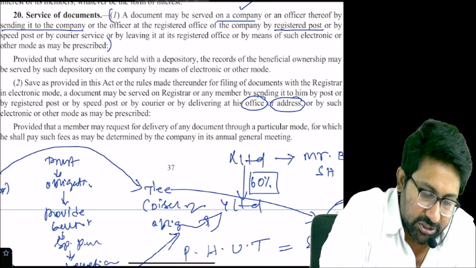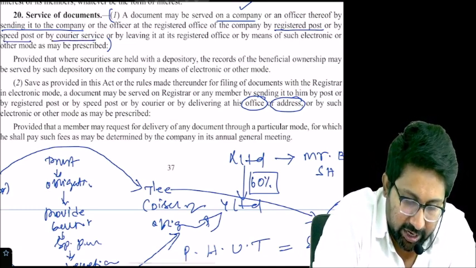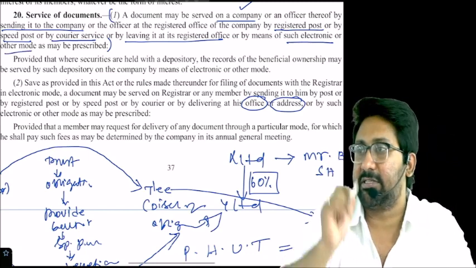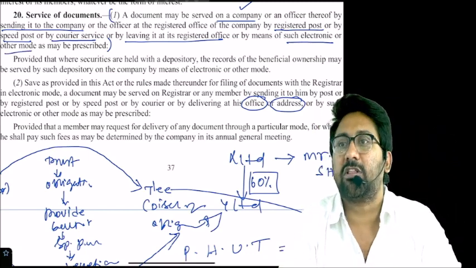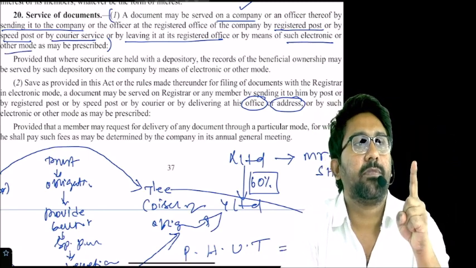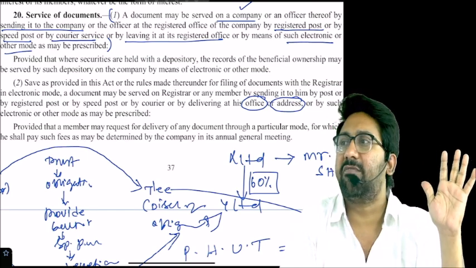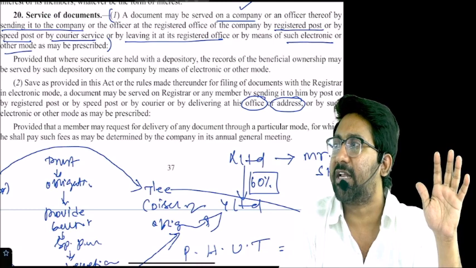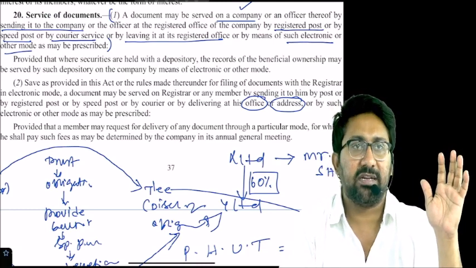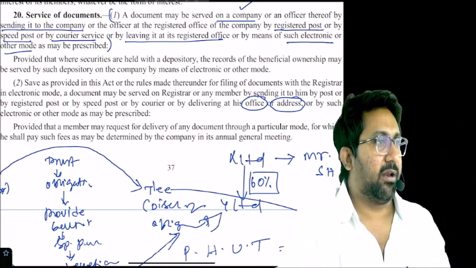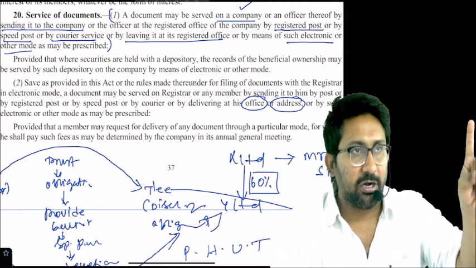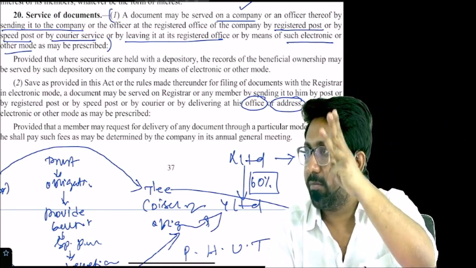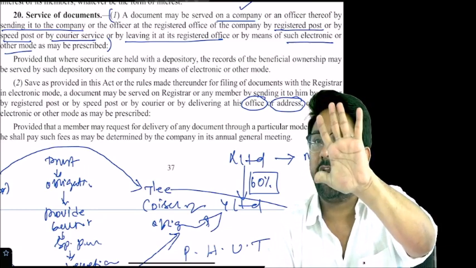Registered post, speed post, courier, hand delivery, or electronic means. Tell me what are the modes available. Number one. One second. Did I give any exception to any student in the class that you need not answer? Then don't overact. Everyone answer. First one, point number one: registered post, speed post, courier, hand delivery, electronic means.